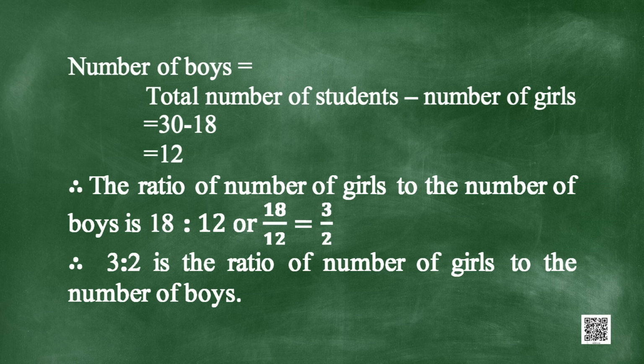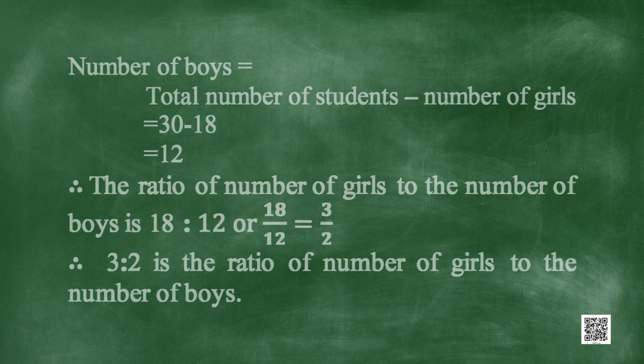Therefore, the ratio of number of girls to the number of boys is 18 is to 12, which is nothing but 18 by 12. We can simplify this. We know that 6 divides 12 2 times and 6 divides 18 3 times. So therefore, the ratio of number of girls to the number of boys is 3 is to 2.